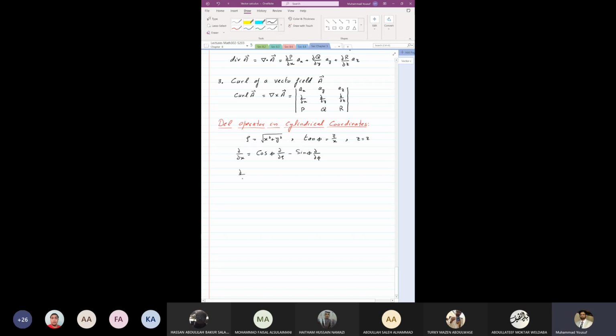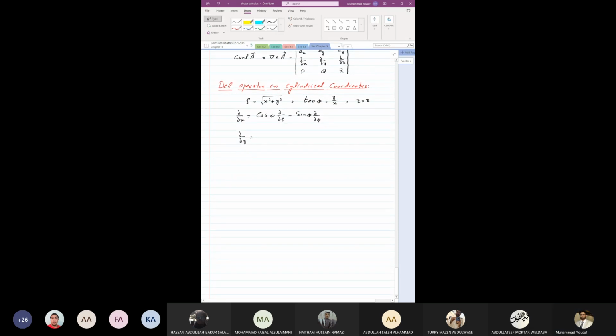Similarly, partial over partial y we can get as sine of phi, partial over partial rho, plus cosine of phi, partial over partial phi. Now the question is, how do we get these two? Partial over partial x equal to this and partial over partial y equal to this.